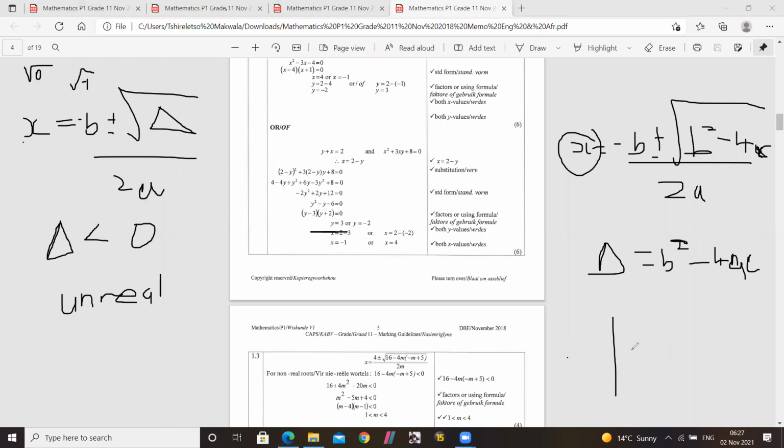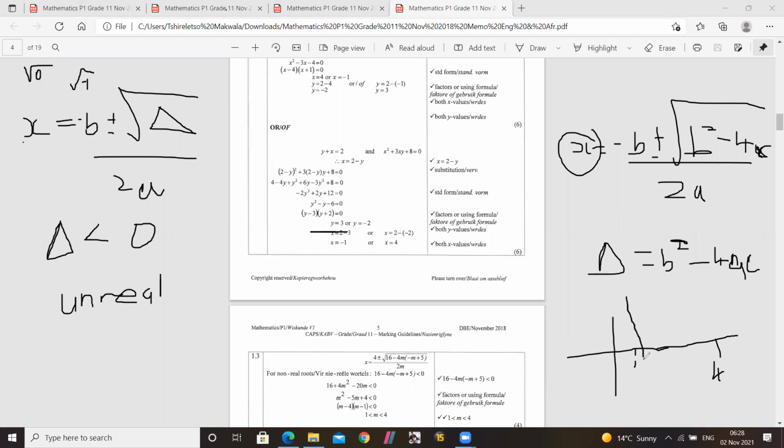So what they did here essentially, the critical values they got here were 1 and 4. And they made m positive, you see.